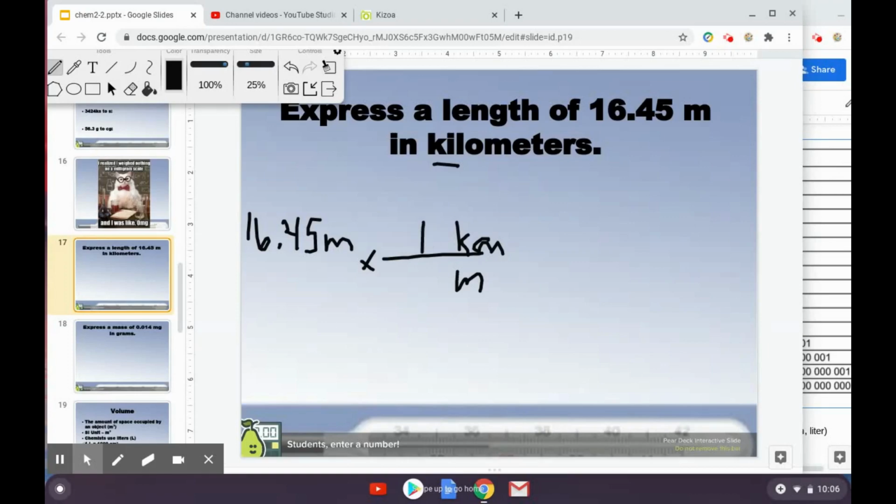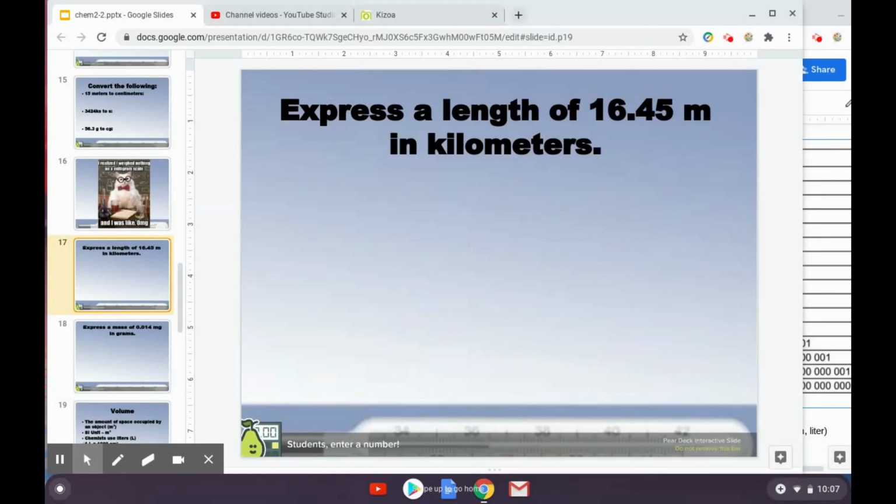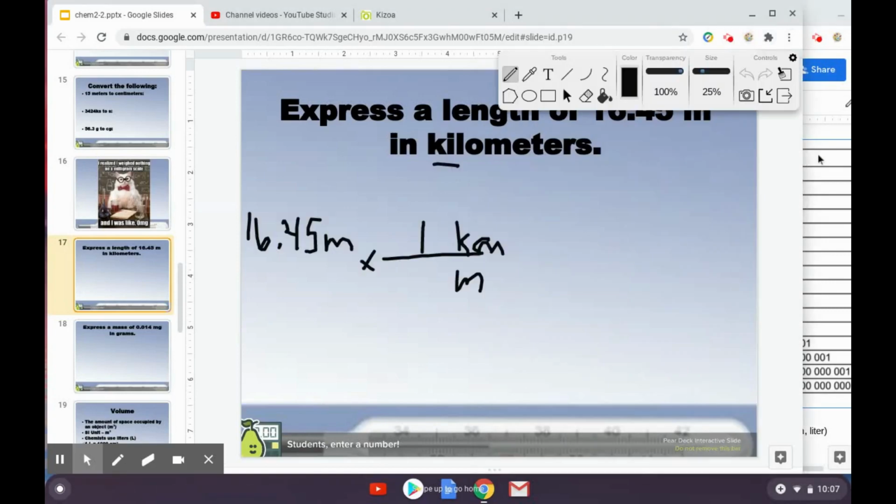Prefix gets a 1. We come look at our conversion chart for kilometers. Kilo means 1,000, so we'll come back. And so for meters, we'll put 1,000. And we're ready to solve. So 16.45 meters divided by 1,000 gives us 0.01645 kilometers.